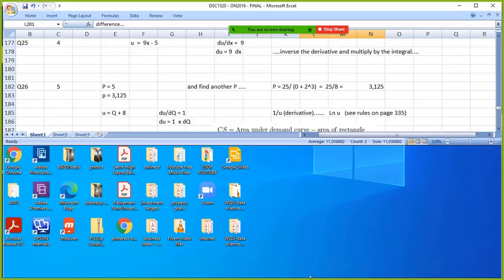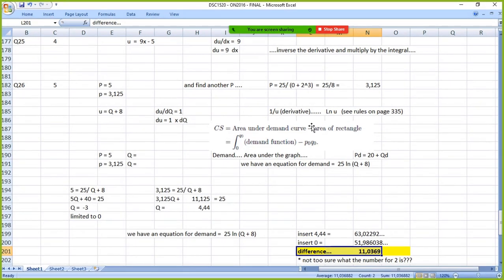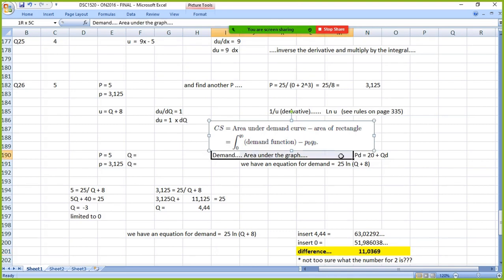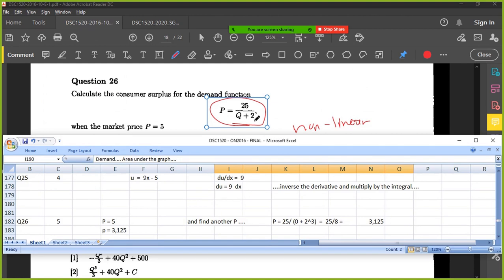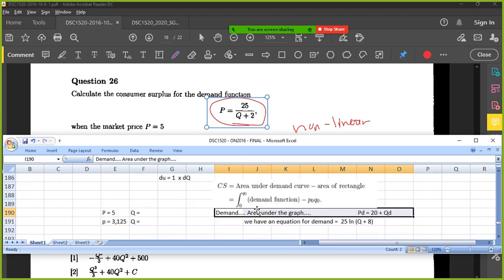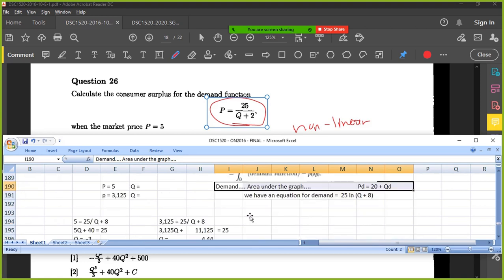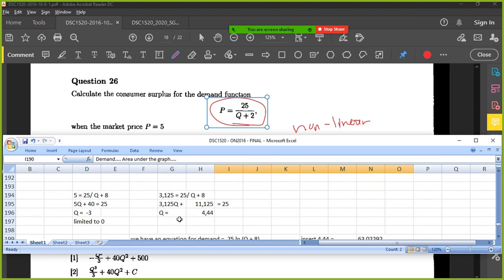Okay, let's try it. Let's just see the working here. Area under the graph, yes. Okay, the area under the graph, and I'm looking for what? I'm looking for 25 over Q plus 2. Okay, so I'm looking at the integration for that. Let's see.